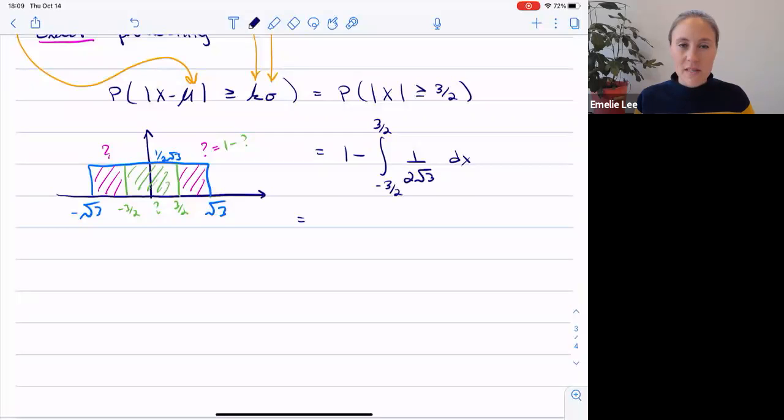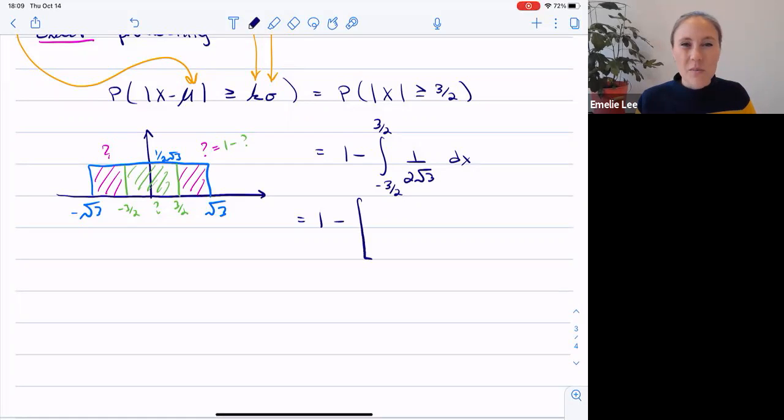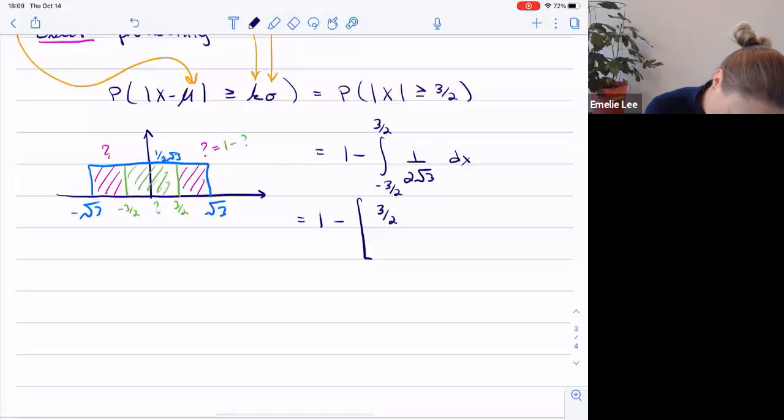I wanted to write this out together in case I wanted to point anything out, so I didn't want to have these pre-written. So it's going to be 1 minus, and once we integrate, I'm assuming you're okay with integrating a constant, we get 3/2, the upper bound, over 2√3, minus the lower bound, -3/2, over 2√3.